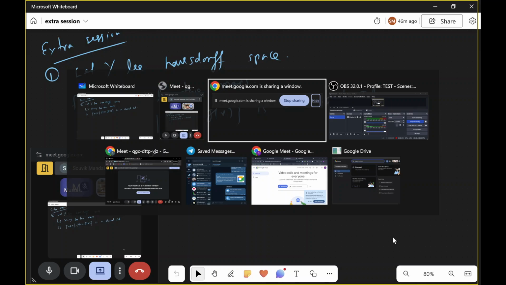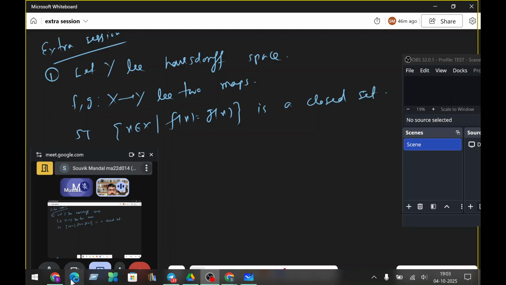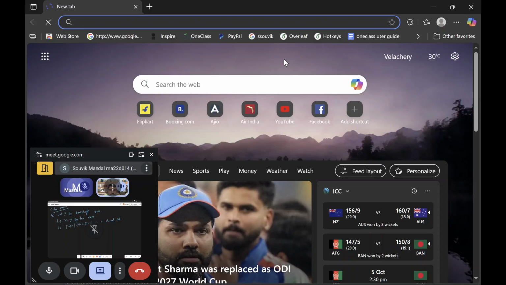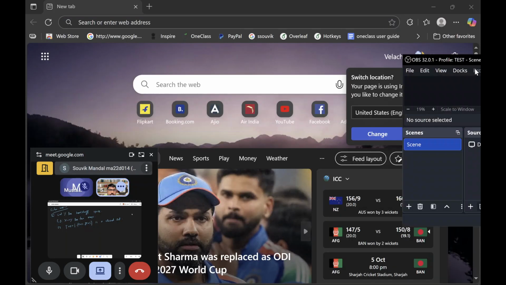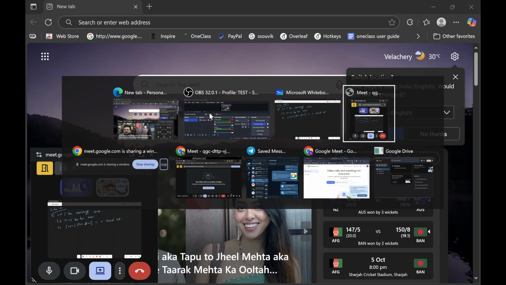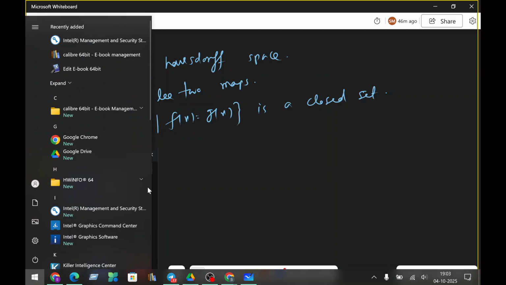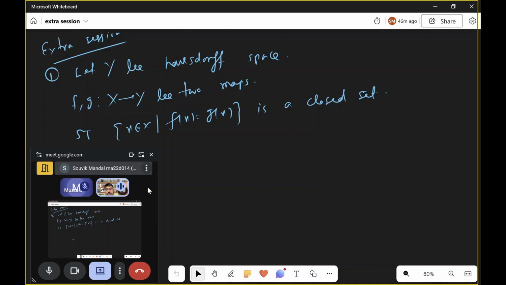I hope such a thing you have already seen in the case of metric spaces, in real analysis. In metric spaces you proved this using some sequential characterization of continuous functions.